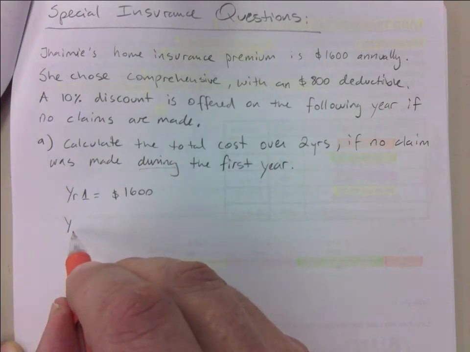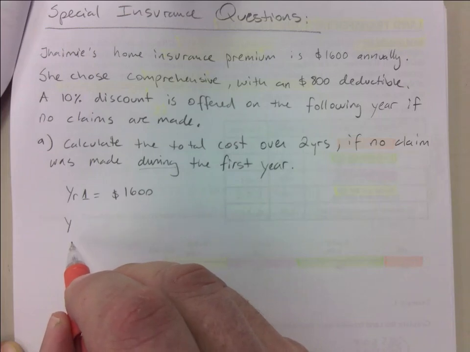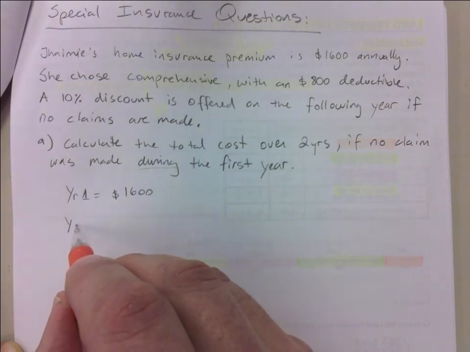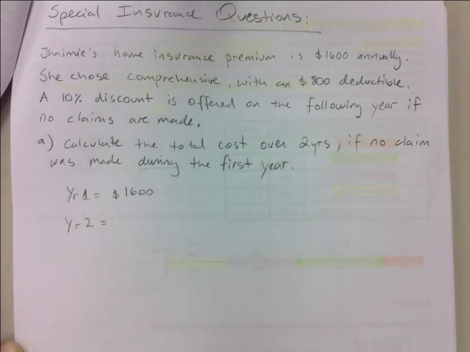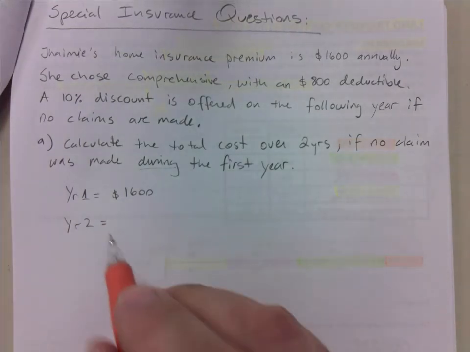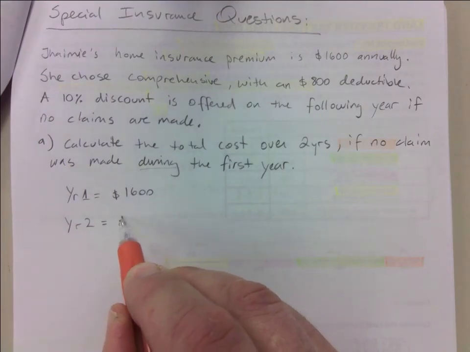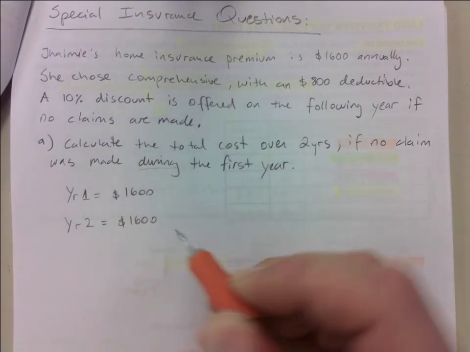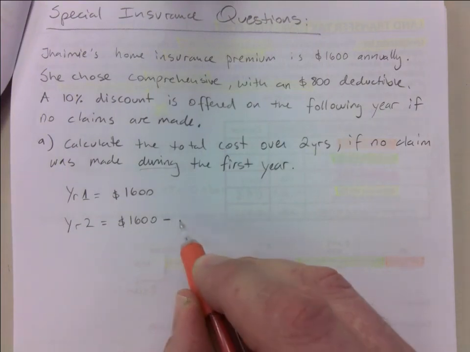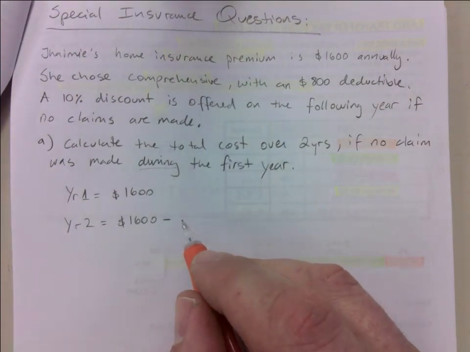Year two would have been, okay, you go 1,600 minus discount.